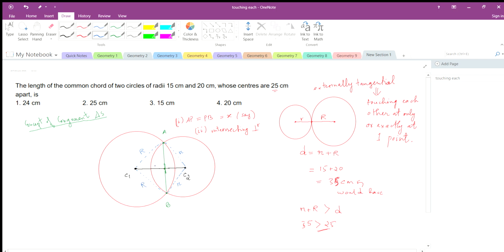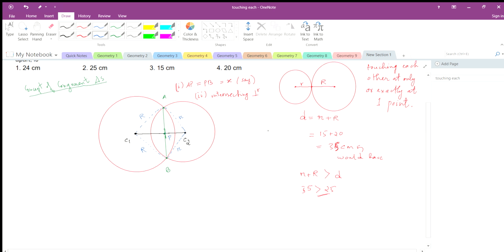So this point is P. If you look at triangle AC1C2 and triangle BC1C2, I can say AC1 is equal to BC1. Why? Both are equal to R.